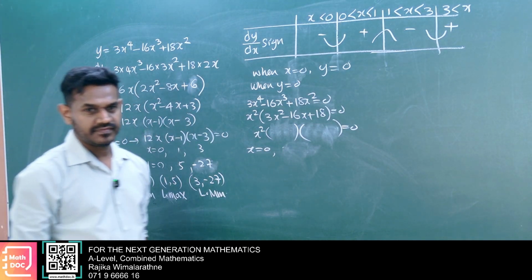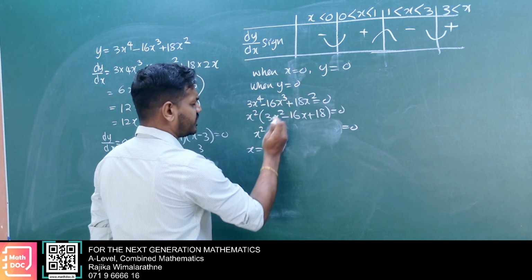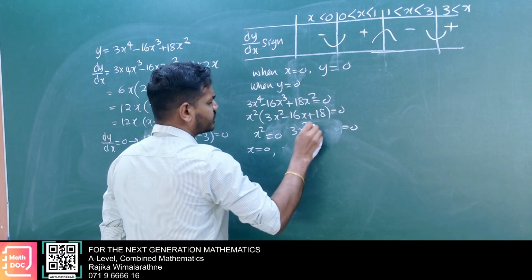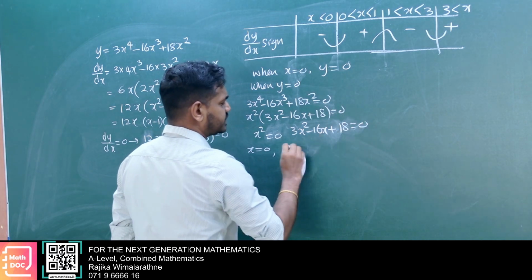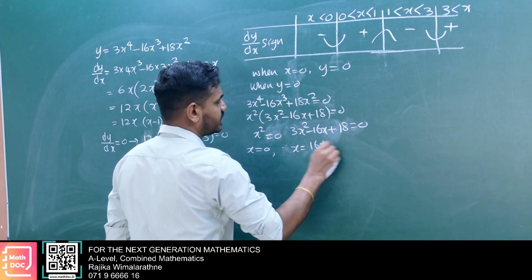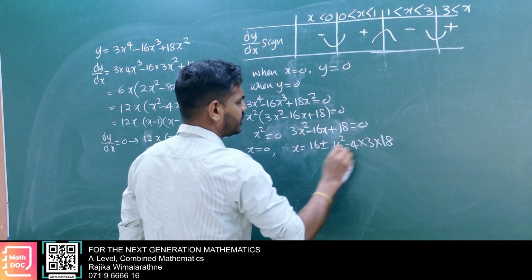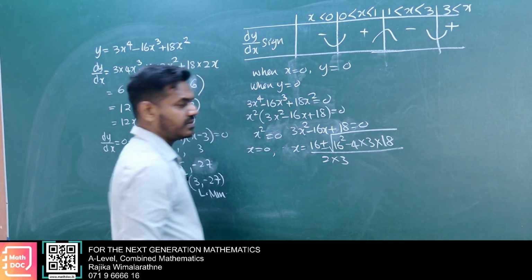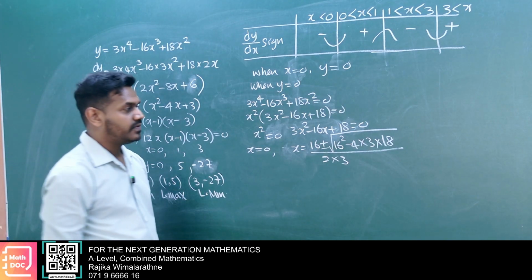x square is 0, or 3x square minus 16x plus 18. x equals minus b plus or minus root of b square minus 4ac, divided by 2a. No need to simplify for now.